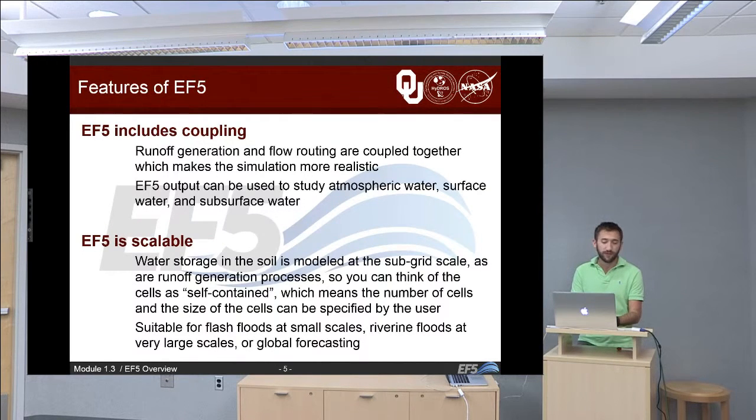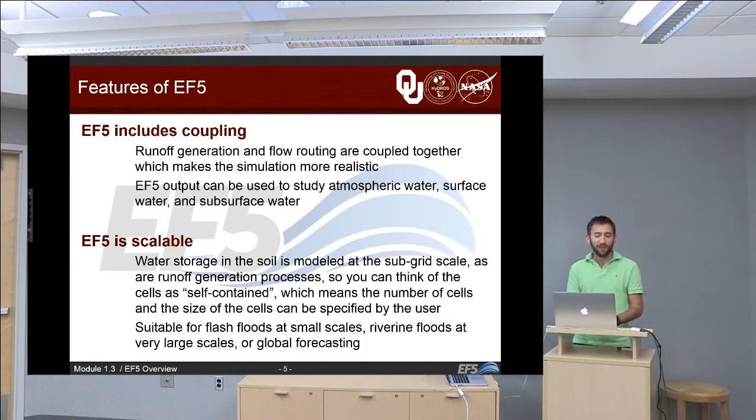EF5 also includes coupling, so runoff generation and flow routing are coupled together in the model just as they're coupled together in the real world, and so that helps to make the simulations more realistic. And EF5 output could also be used to study atmospheric water, surface water, and subsurface water, so it really does encompass basically everything there is that you want to study in hydrology.